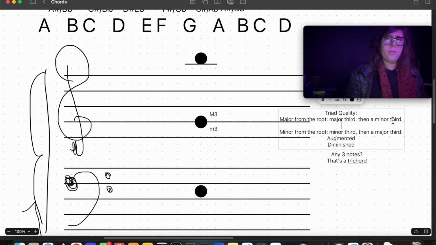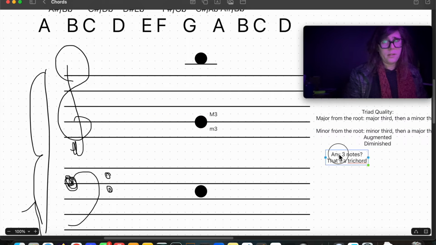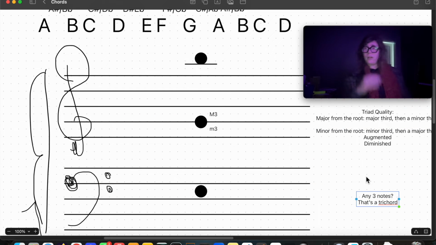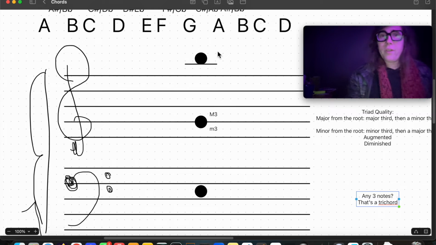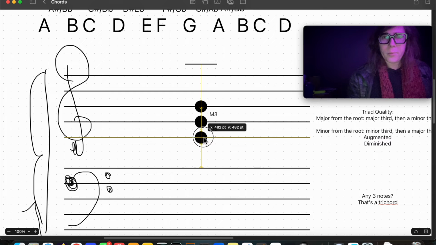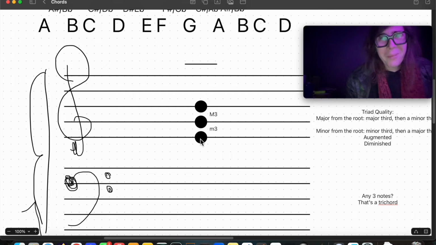Now, there's one more thing I've got to talk about here that I didn't mention earlier. I'm going to return this to its original positioning so we can clearly see. We talked about the internal thirds, but what about the distance between the bottom note and the top note?